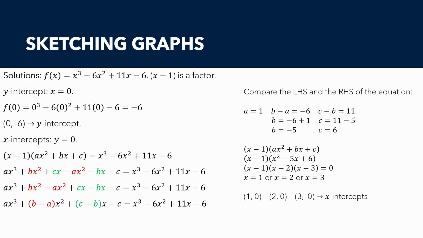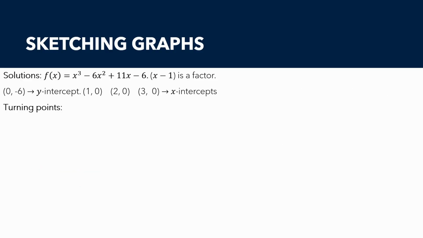Moving on to the next step, I'm just going to clear out everything. I'm not done with the question, but I'm just going to clear out the steps and only leave the details that are important. Now I'm going to find the turning point. I know that the first derivative is 3x squared minus 12x plus 11, and hence, to find the turning point, I need to let the first derivative equal 0.